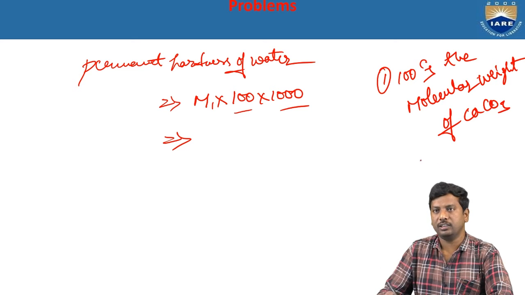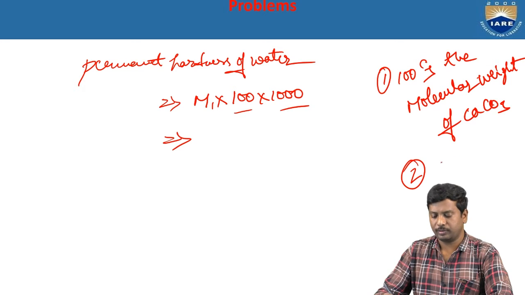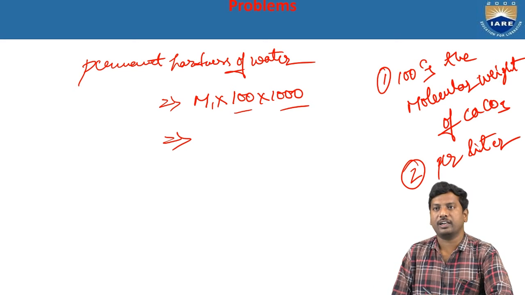So that is the first reason. And the second reason, 1000, is because we determine the hardness per liter. So that's why we use the values of 100 into 1000.